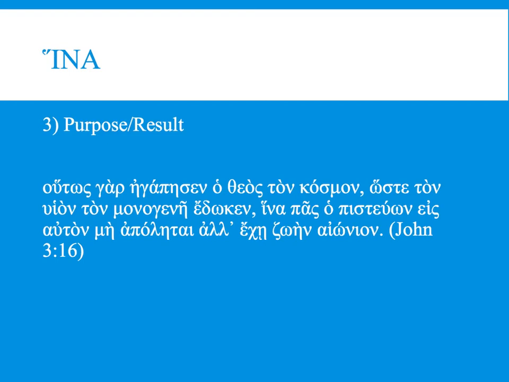For thusly God loved the world, so that the Son, his only Son, he gave. Edoken, he gave his only Son. What's interesting too, by the way, this result clause with hoste indicates often a result that might be unexpected.